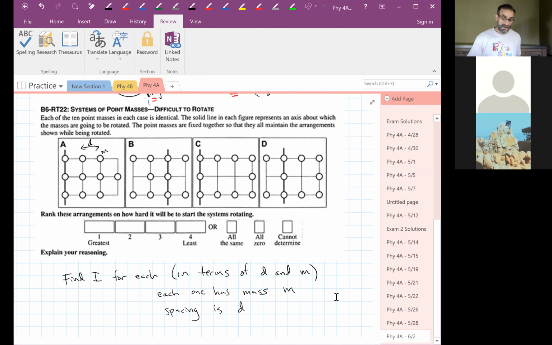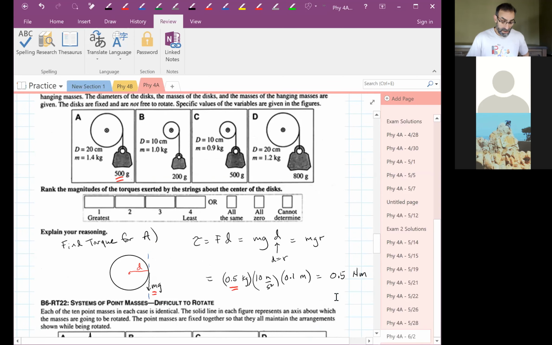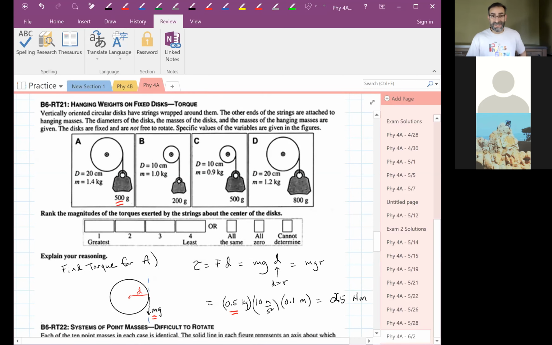Oh, sorry, I missed the question. On the last one, yes, lowercase d is the lever arm. And in this case, the lever arm is the radius, not the diameter, the radius of the disk.